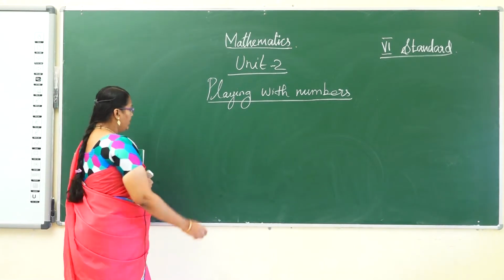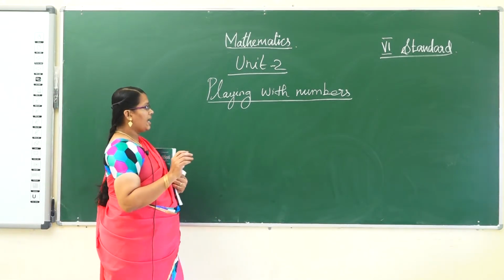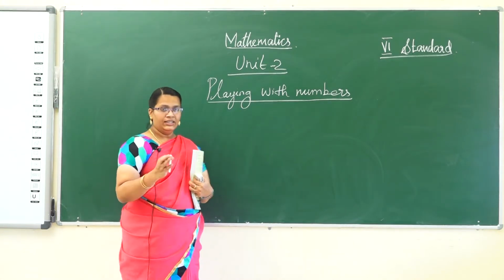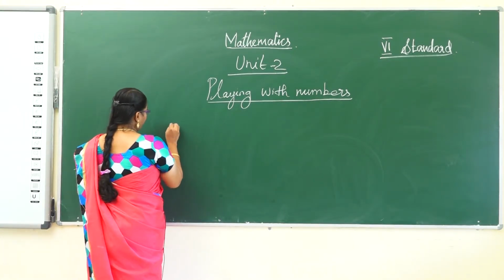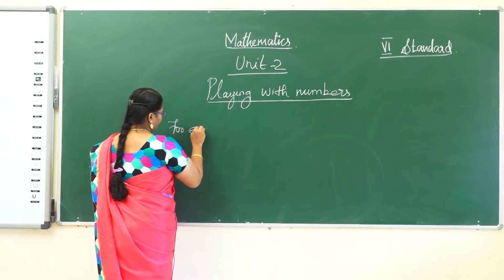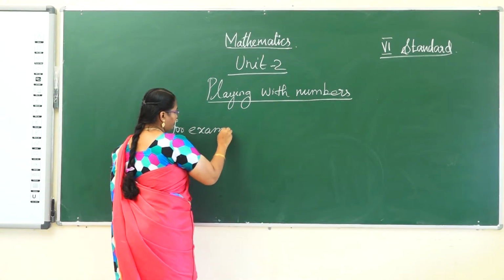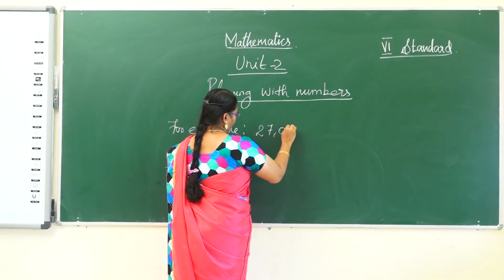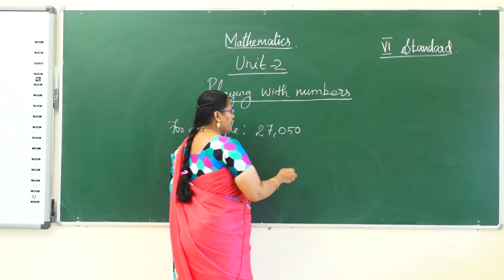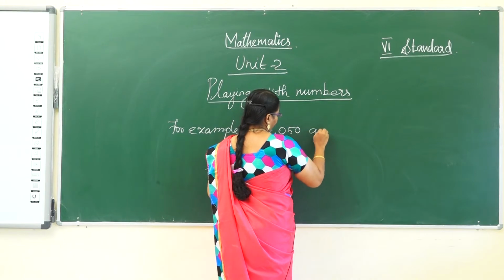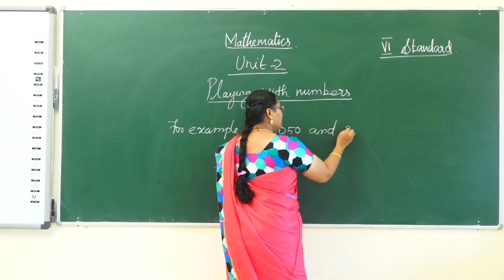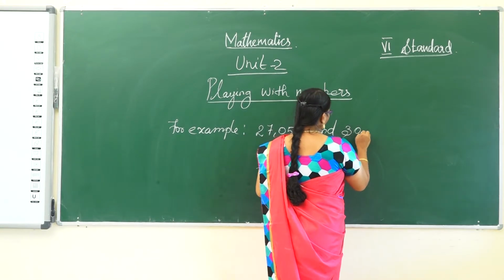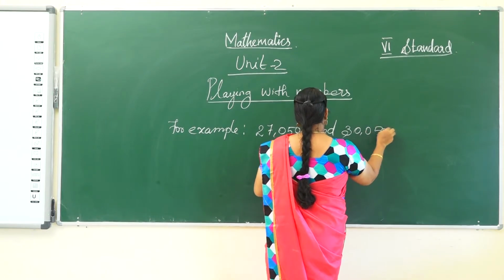Already we know how to add, subtract, multiply, and divide. Just recall: any two numbers we can add, and we get another number. For example, 27,050 and 30,050.